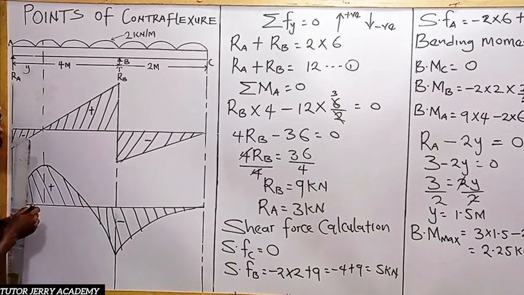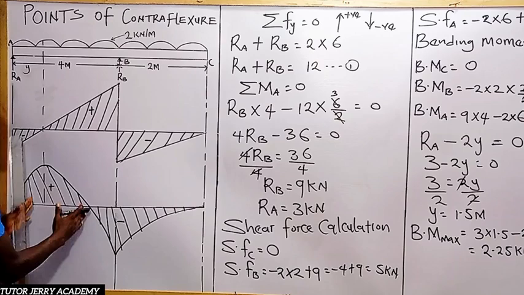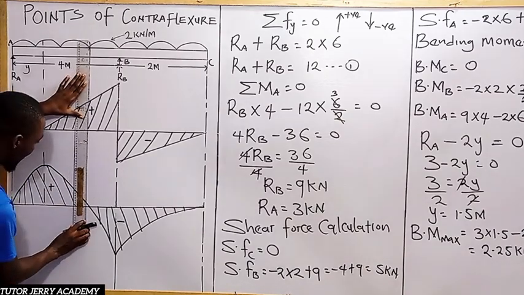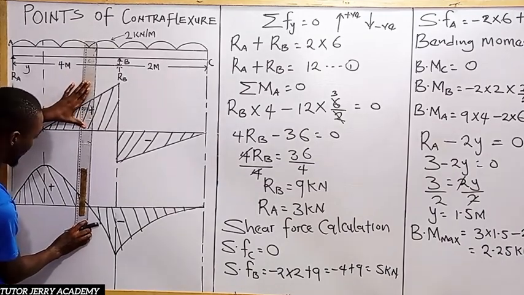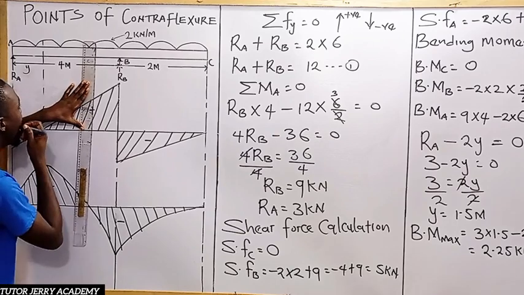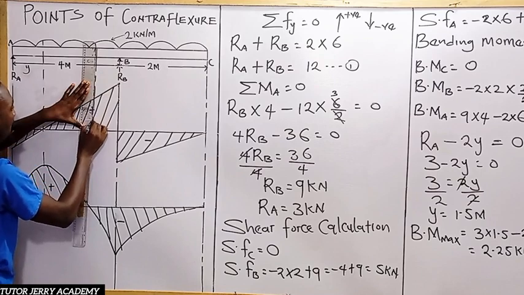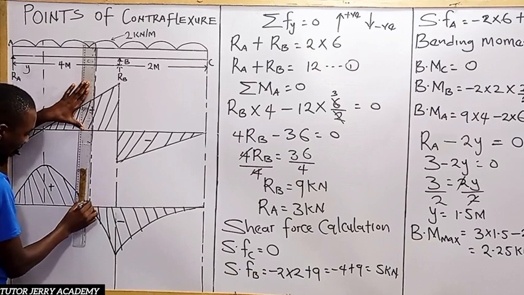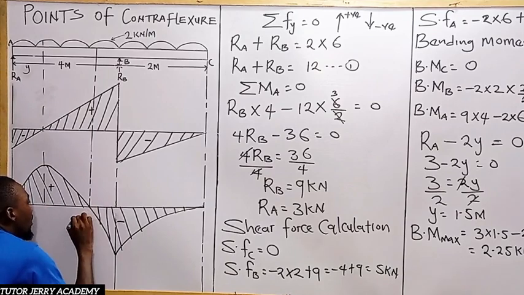All right. So now, how do we calculate the distance? How do we calculate that? So I'm going to draw a straight line here. All right. So let's just put an arrow here.